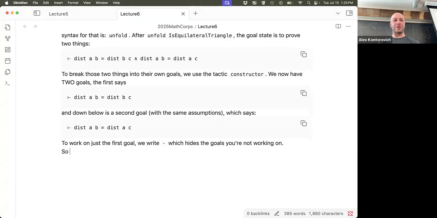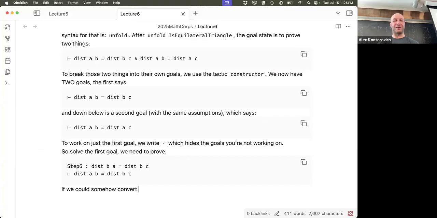We know step 6, and our goal is to prove this.